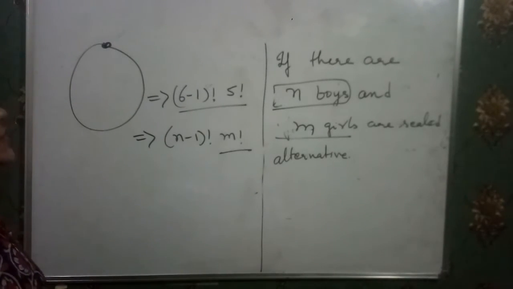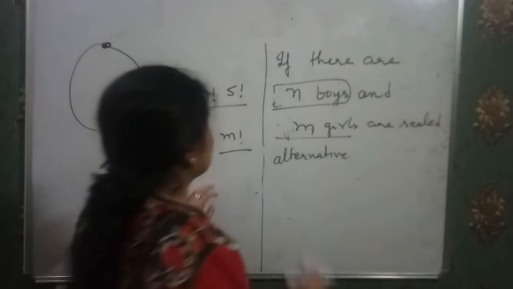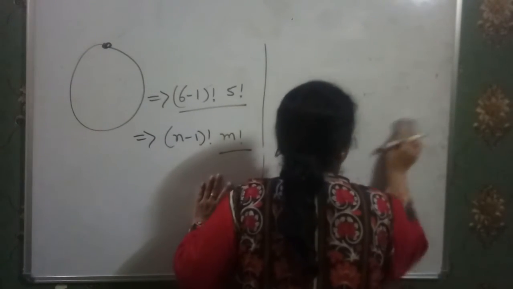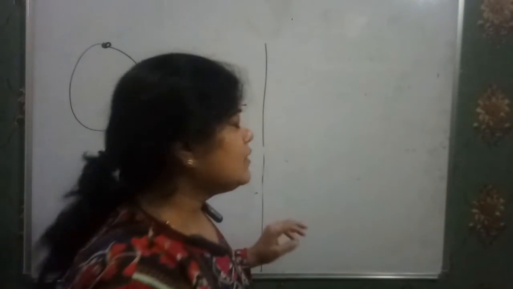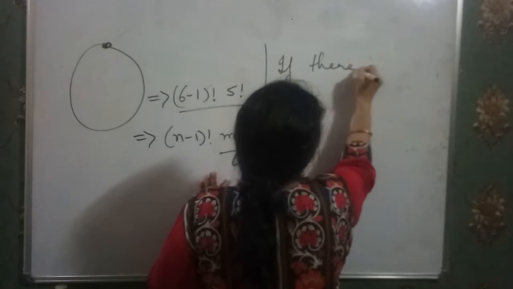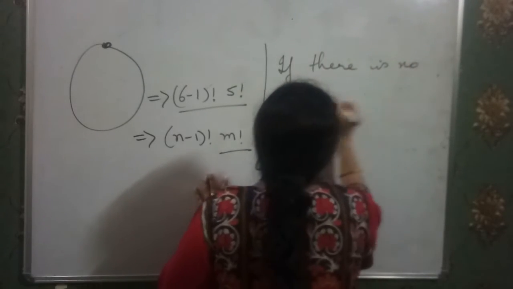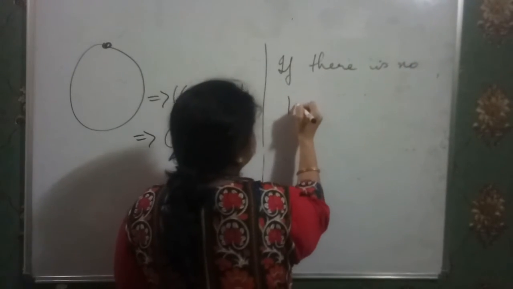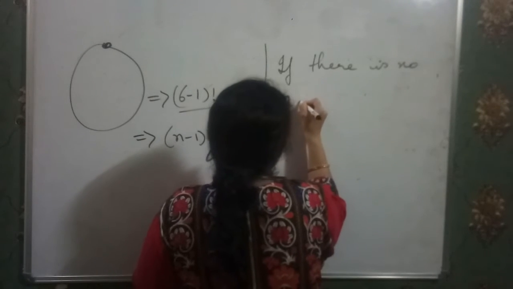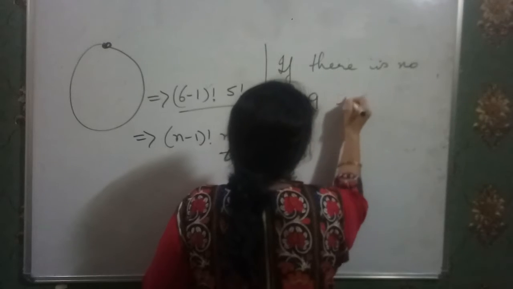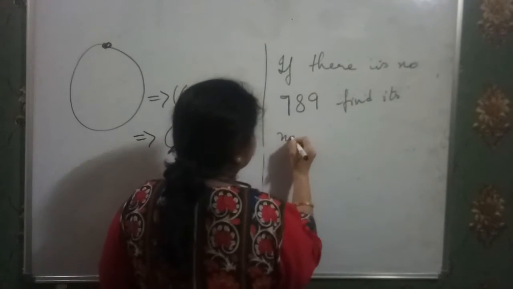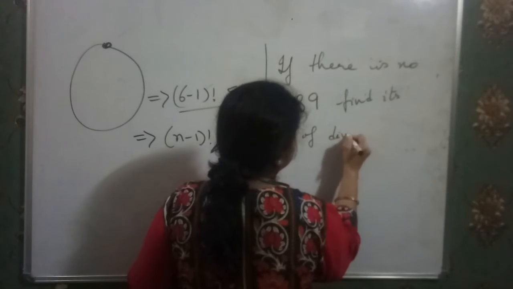Now some more questions I will take. For example, we have a question like this. If there is a number 1789, find its number of divisors.